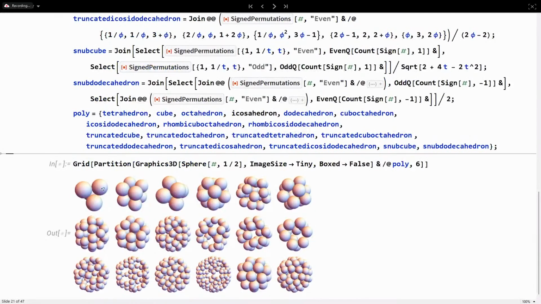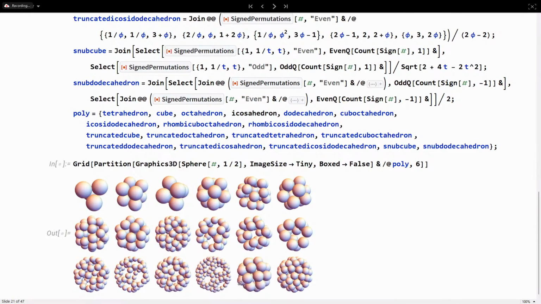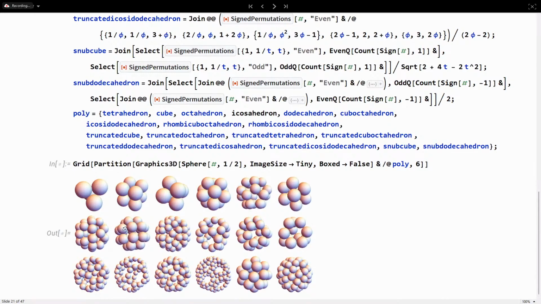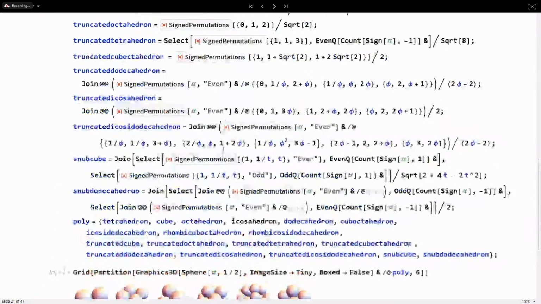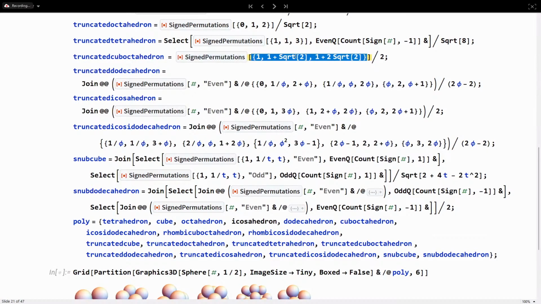And here's pictures of all of these various objects represented as unit spheres, all tangent to each other. So we kind of gain a lot of simplicity. We've got these rather complicated objects, but you just say it's a signed permutation on these 2 values, and you've pretty much got the object.